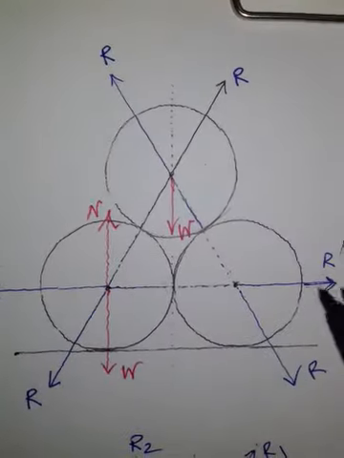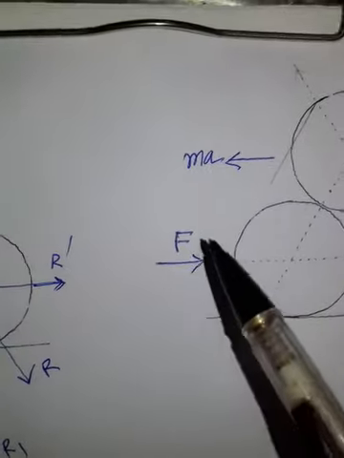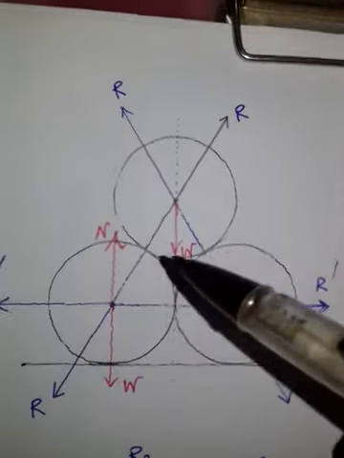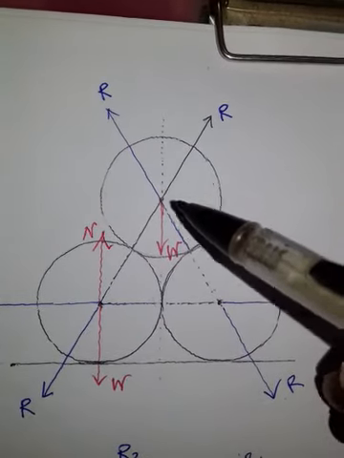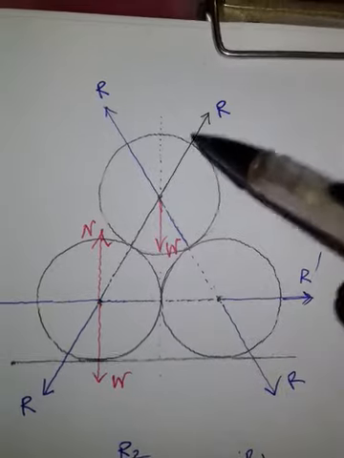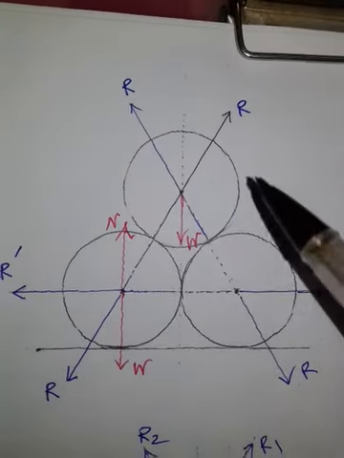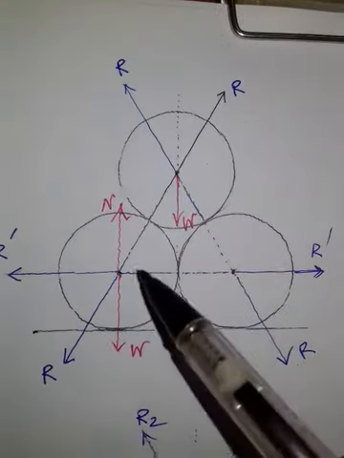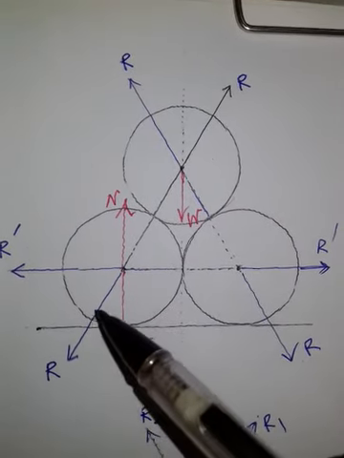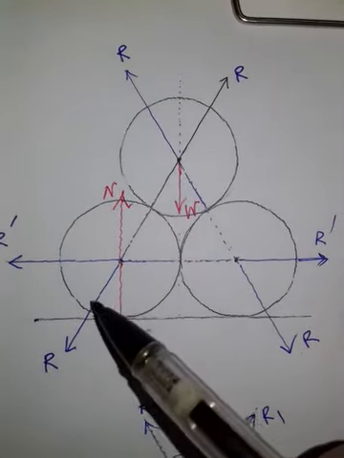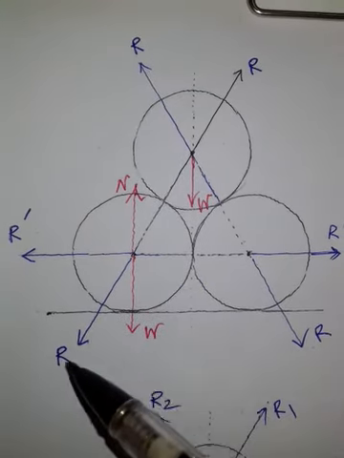Look at this figure. In the absence of this horizontal force, the reaction forces on this upper cylinder from these two cylinders will be of the same magnitude, and due to this reaction force of the same magnitude R will act on this cylinder along this direction.